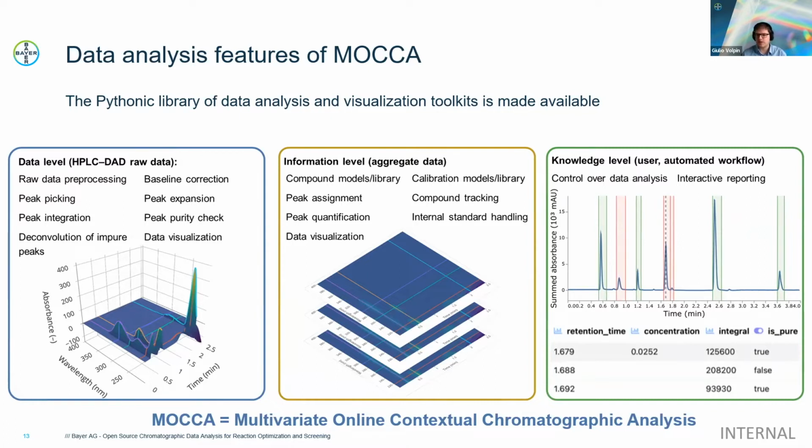And you can see that each peak that is labeled as pure is highlighted in green. Each peak that has some overlap and triggered some deconvolution is highlighted in red. You see a peak table of retention times, and this is all fully automated and available within your Python console or JupyterLab notebook. And I would like to talk now a bit more about the deconvolution of impure peaks.